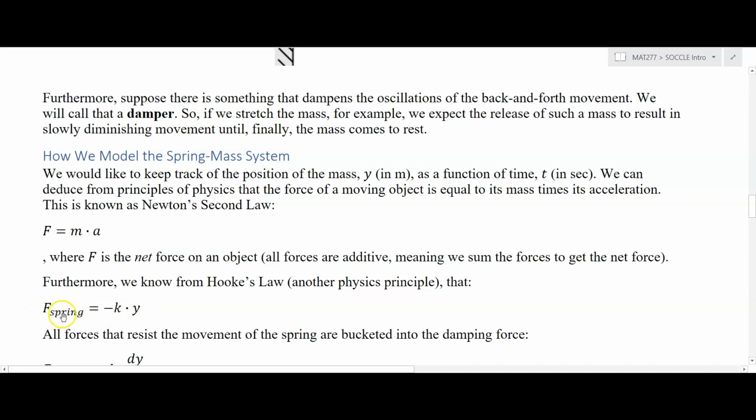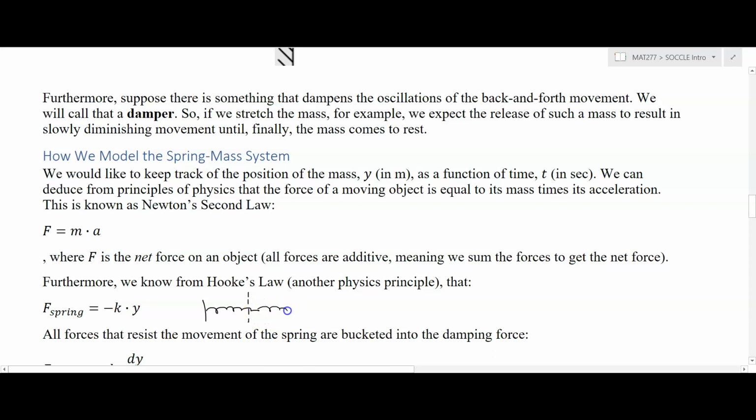So the force sub spring, that's just due to the spring itself, is negatively proportional to the displacement. Now this should make sense if you've ever stretched a spring. Let's just say here you have your spring, and here is its rest point. Here's where it would want to be if you didn't do anything to it. So if you just let it sit, it would sit in its normal position.